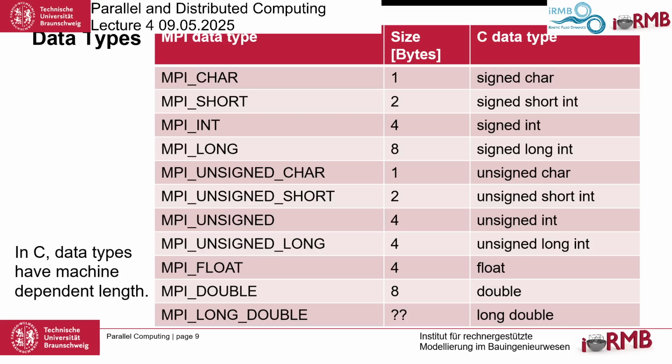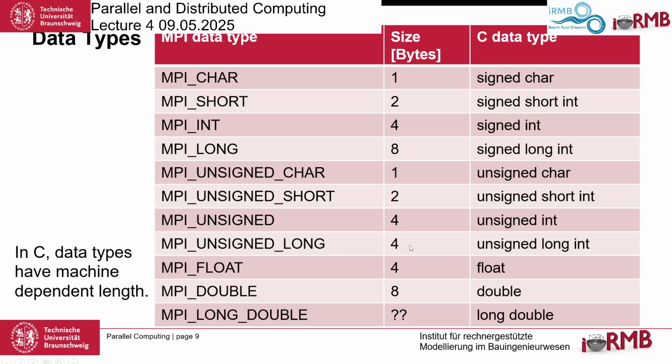That's not necessarily the same thing in C++. Then MPI_UNSIGNED_CHAR, unsigned short, unsigned, which is an unsigned int, and unsigned long int.